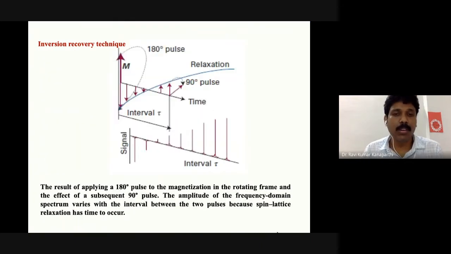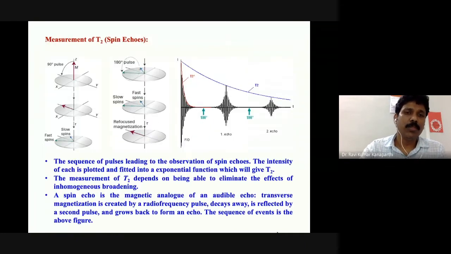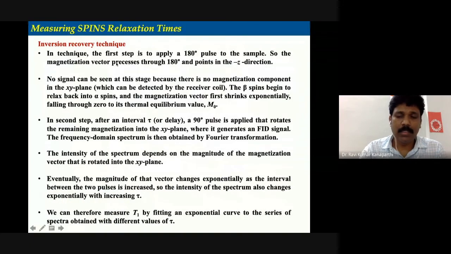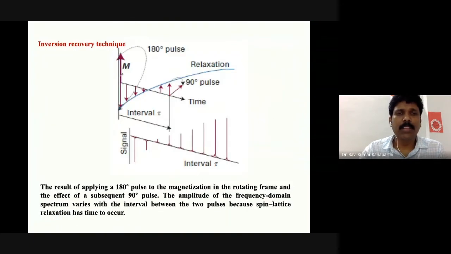We can picture what I have explained in this particular diagram. You can apply a 90-degree pulse and a 180-degree pulse. Originally the net magnetization vector points in the z direction, the positive z direction. If you apply a 180-degree pulse, the net magnetization vector points along the minus z direction.